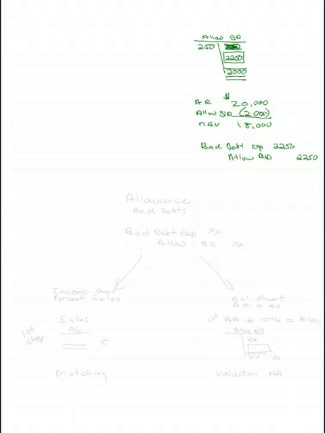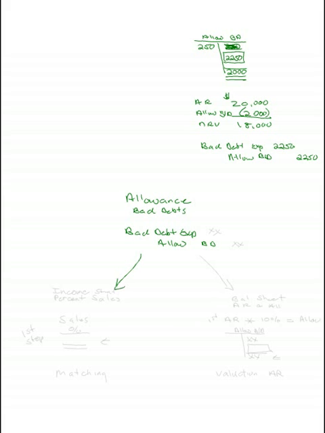I'm going to summarize then. There are two ways you can do the allowance for bad debts. Our goal is to come up with this entry: bad debt expense and allowance for bad debts.